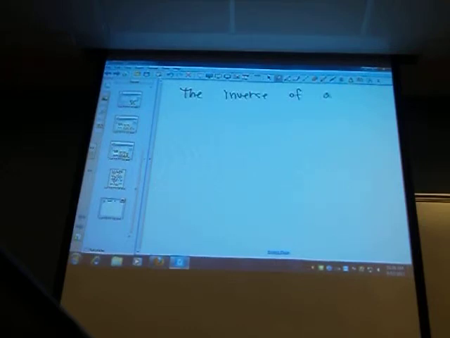Okay, so the inverse of a function switches the x and y values.